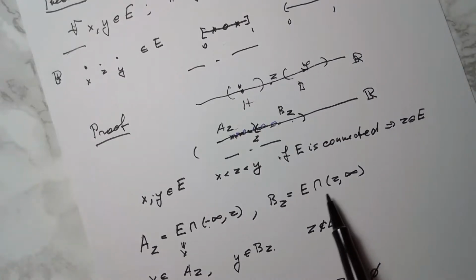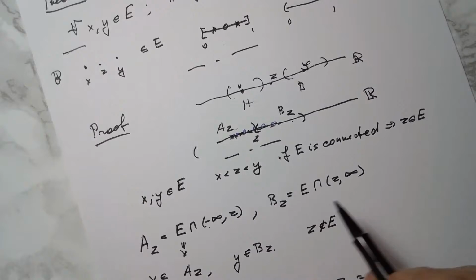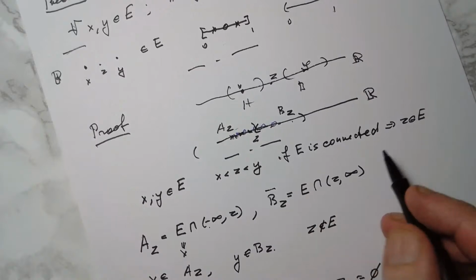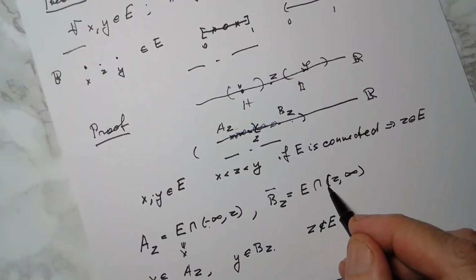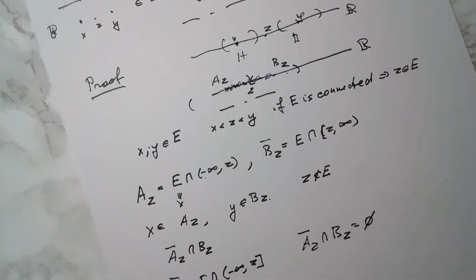Likewise, if Z does not belong here, what will be the closure of B sub Z? Well, the closure of B sub Z will be everything here, including Z itself. And that will mean that A sub Z intersected with B sub Z is empty.